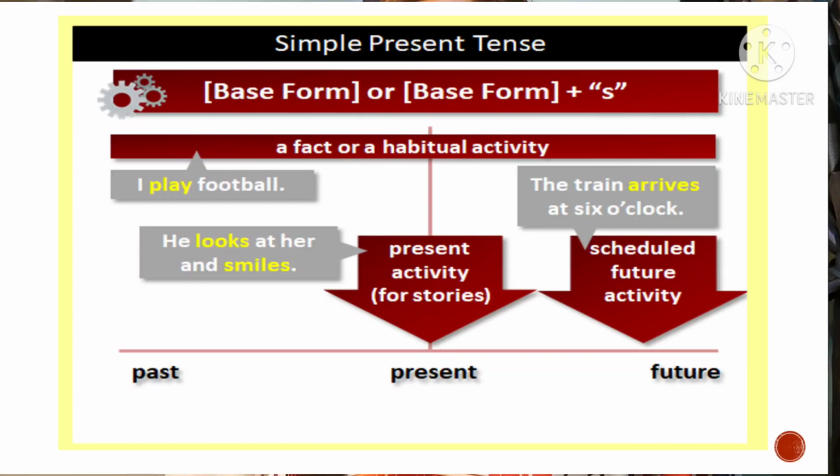To illustrate the use of simple present tense, remember that when we form this kind of sentence, we use the base form or the S form of the verb to state a fact or habitual activity, like I play football, or to present activity for stories: looks at her and smiles. If it is a scheduled future activity: The train arrives at 6 o'clock. So remember, in simple present tense, we use it for stating a fact or habitual activity, for a present activity, or a scheduled future activity.